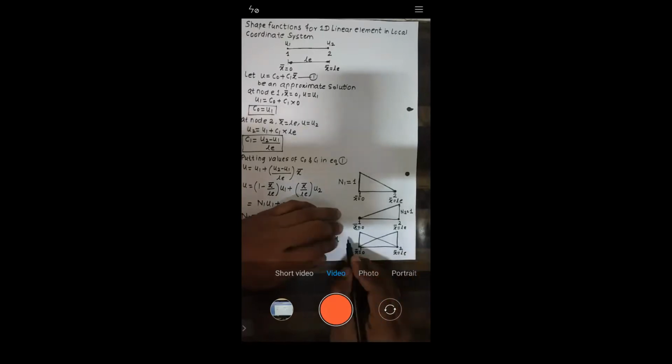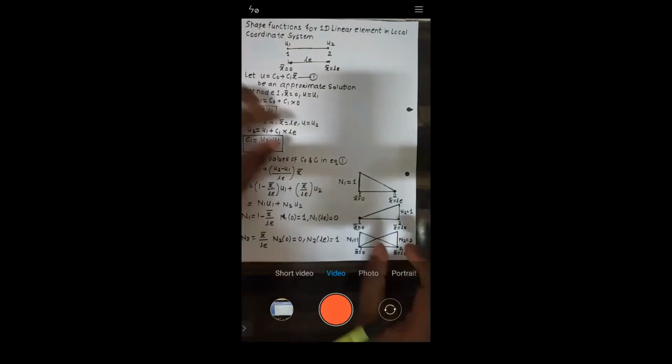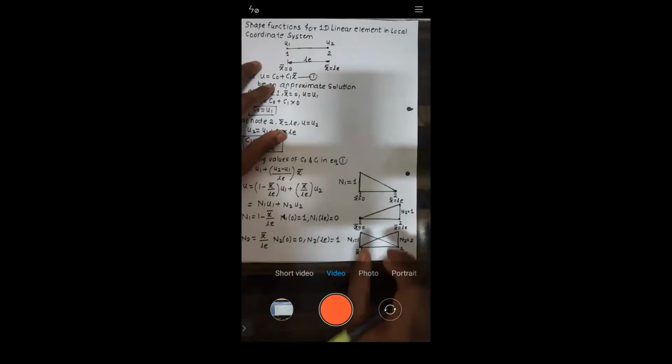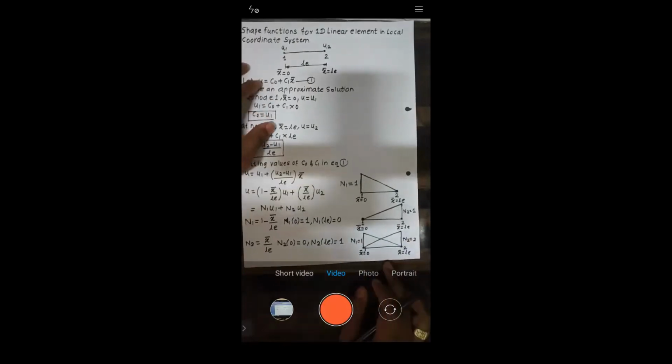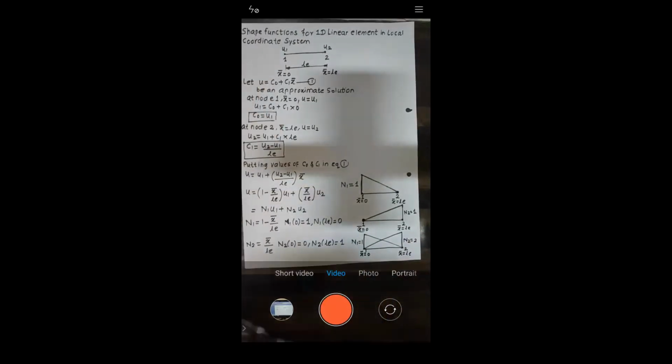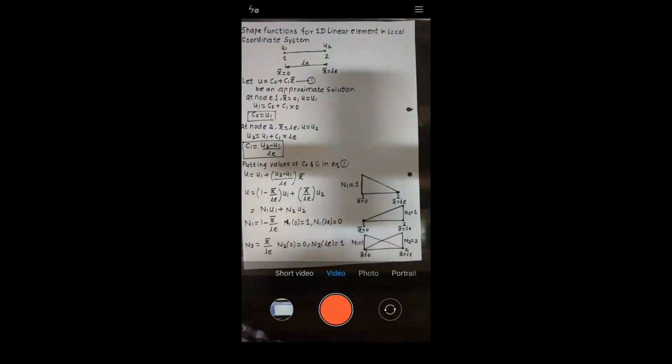Here you have N1 is equal to 1, and here you have N2 is equal to 1. Is it okay? If you superimpose these diagrams on each other, you will get a diagram like this. Is it okay? Let me know.